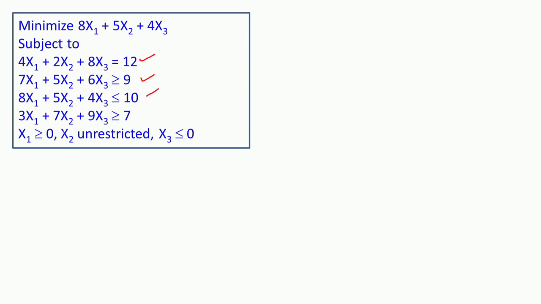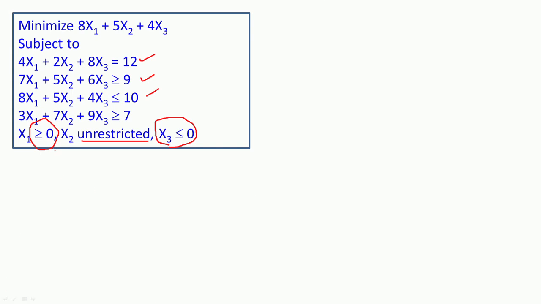And we also had 3 types of variables: a greater than or equal to variable, an unrestricted variable, and a less than or equal to variable. Now we said that we have to bring this to a form which is comfortable to us, which is the form of maximization with all constraints less than or equal to and all variables greater than or equal to.